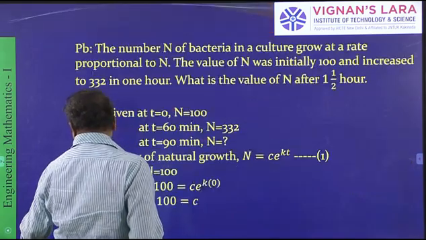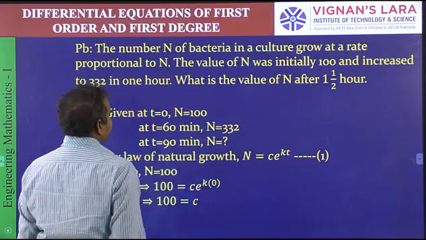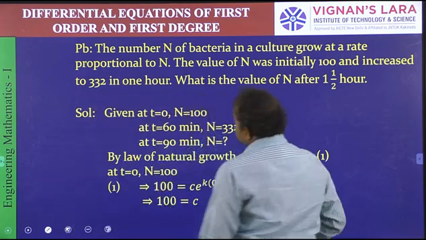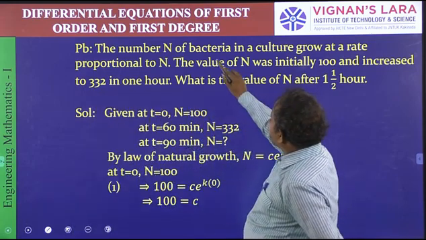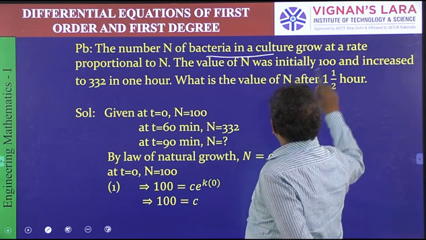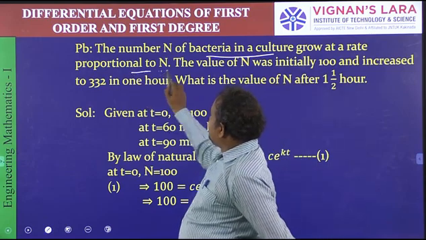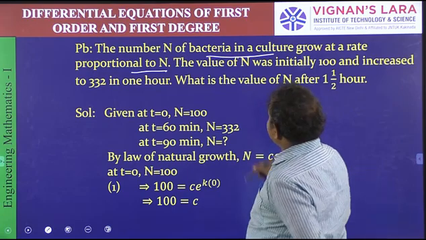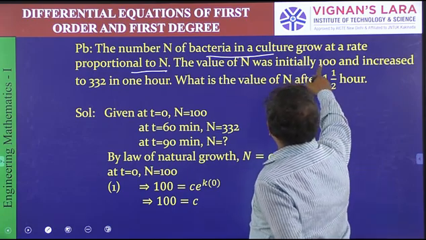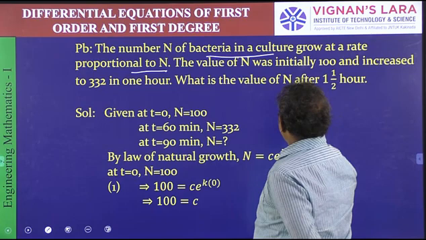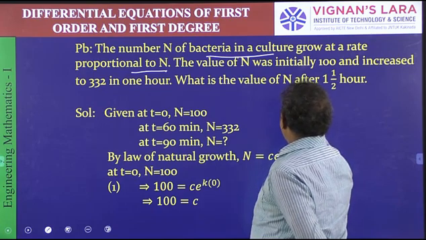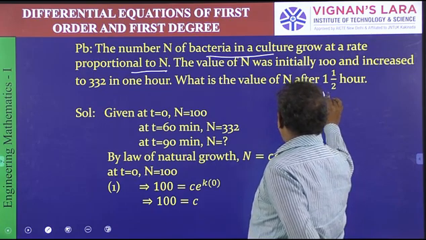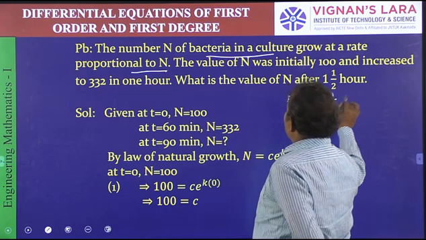A small problem related to that. The number N of bacteria in a culture grows at a rate proportional to N, which is called the law of growth.